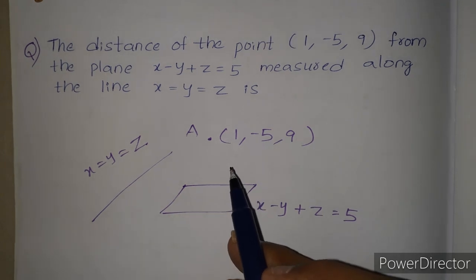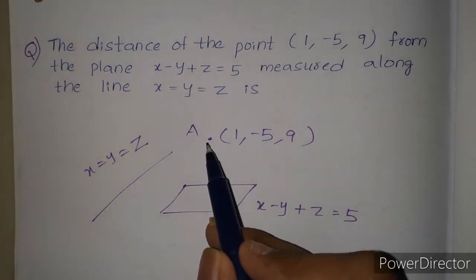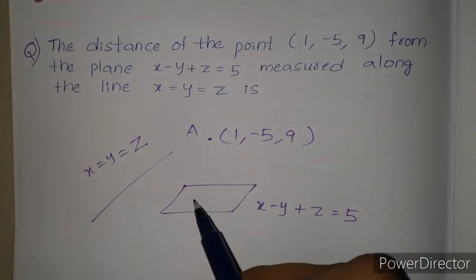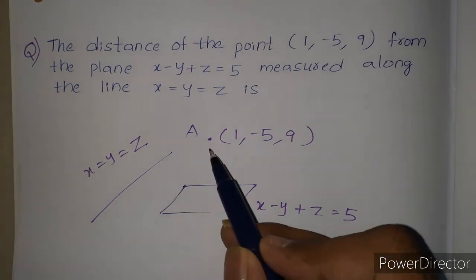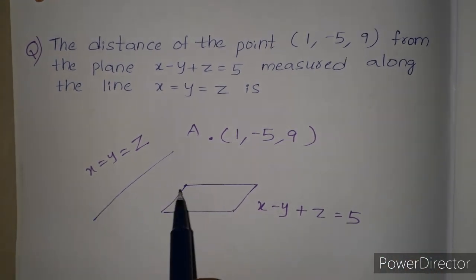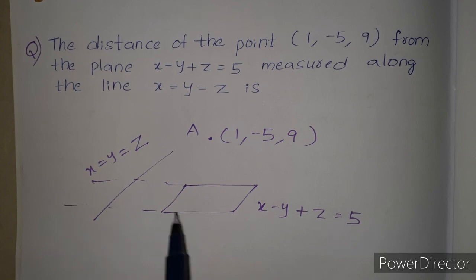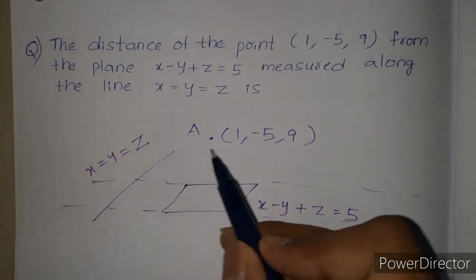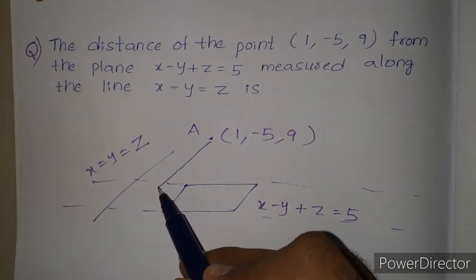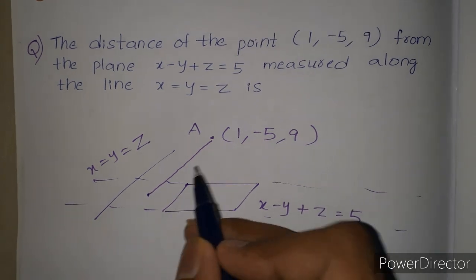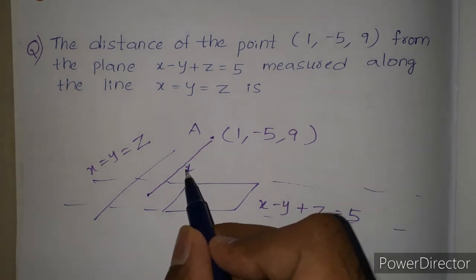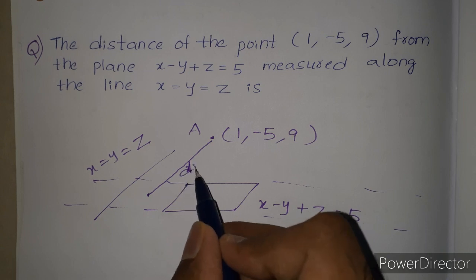Now we need to find the distance from this point to the plane measured along this line. So this is the plane, and this is the distance we need to find. Let it be the distance d.